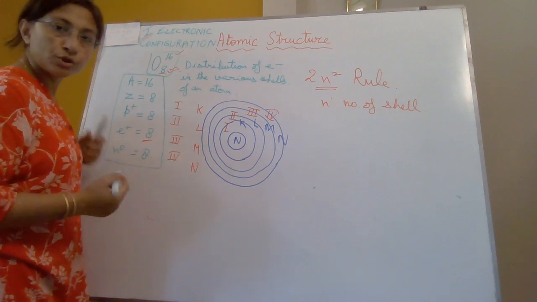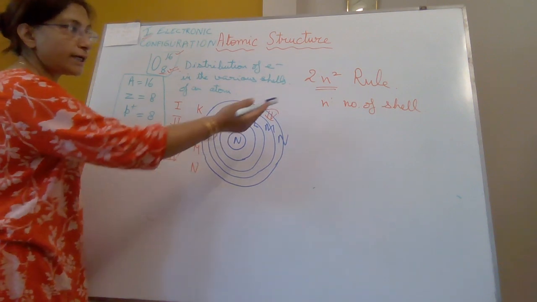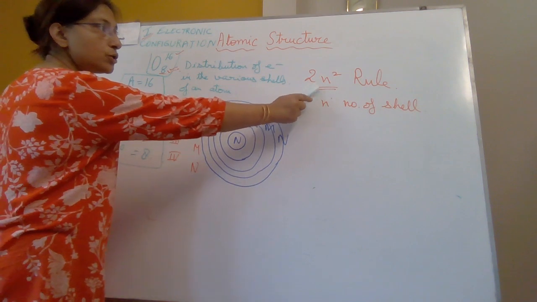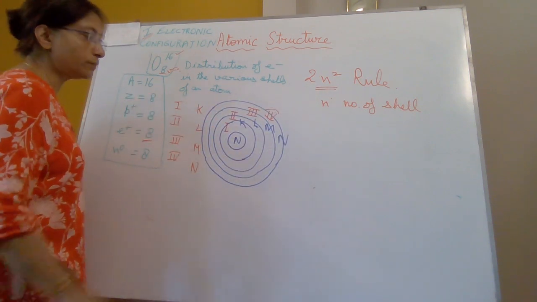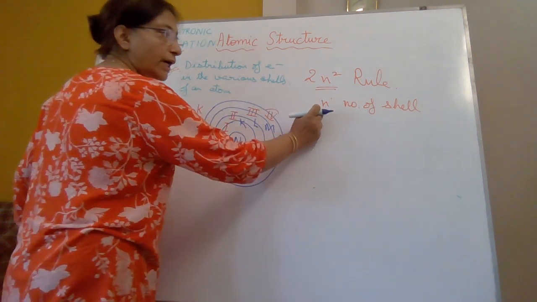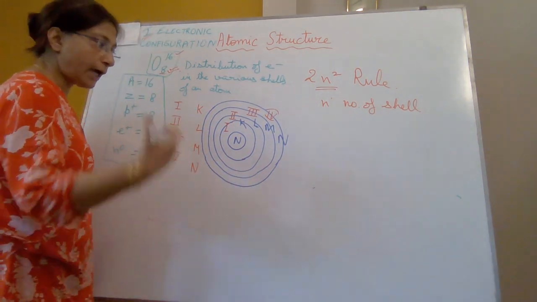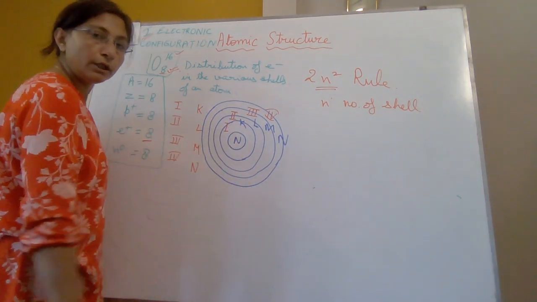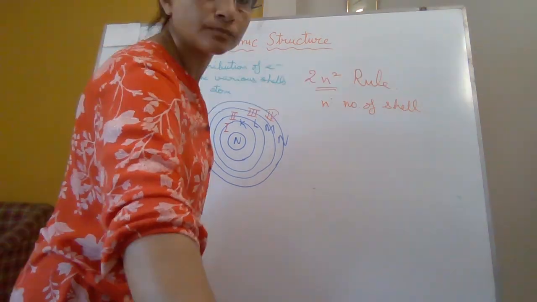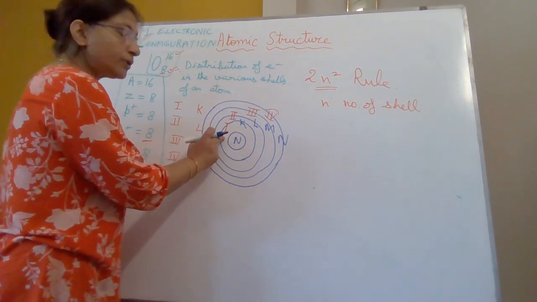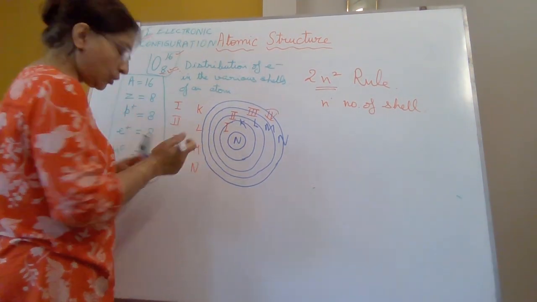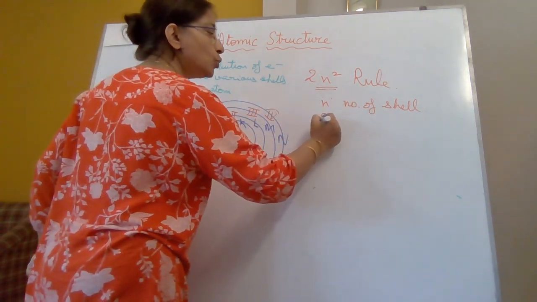Now how are we going to divide these electrons according to the 2n square rule? Now n represents the number of shell, and I want to find out how many electrons are accommodated in the K shell. So how am I going to find out? 2 times n squared.